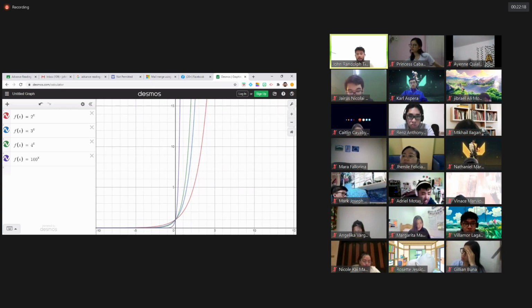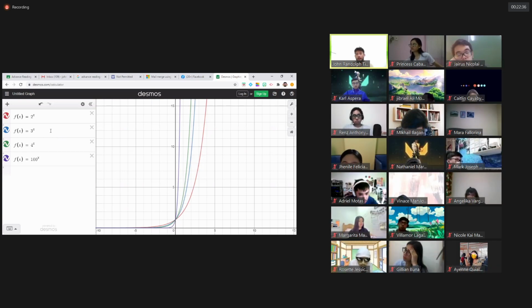Looking at this equation, the y-intercept for all this type of equation is simply equal to 1, because when you get the y-intercept, you just equate x equals 0. Any number raised to the power of 0 is equal to 1, no matter how big, 1,000 or 1 million.